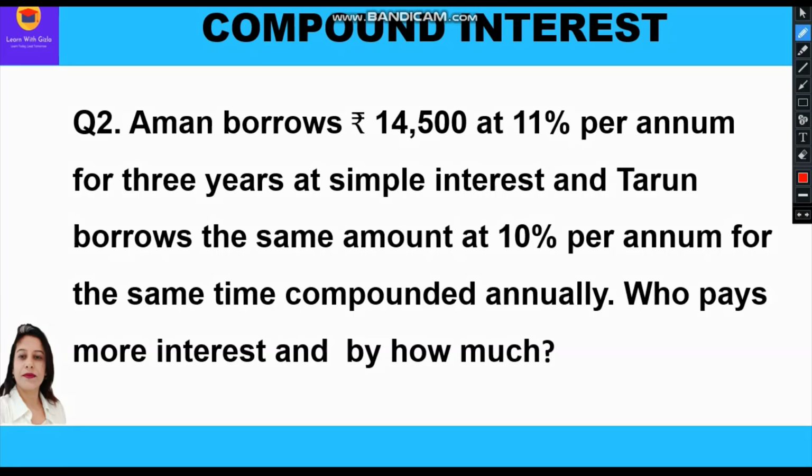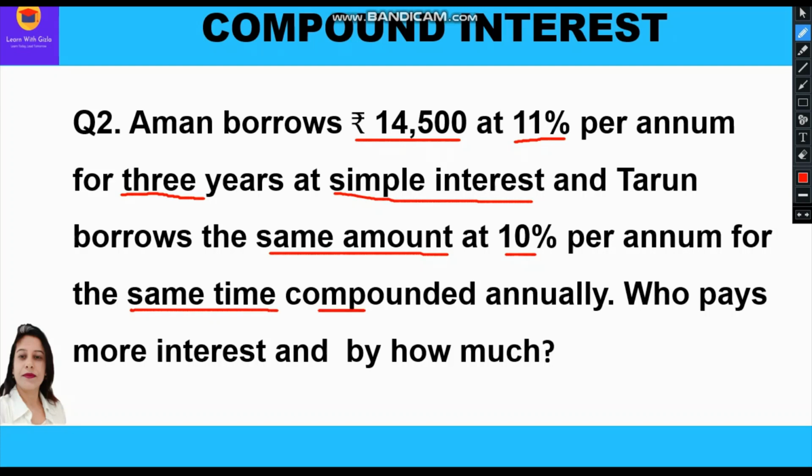Aman is borrowing rupees 14,500 at 11% per annum, that is the rate of interest is 11%, for 3 years, that is the time period, at simple interest. While Tarun is borrowing the same amount, that is 14,500, at rate of interest 10% per annum for the same time, that is 3 years, compounded annually.